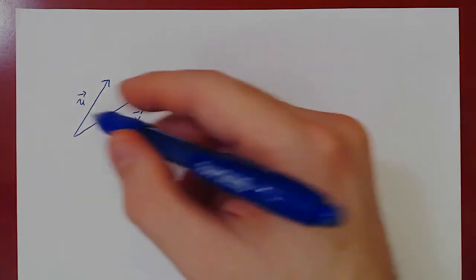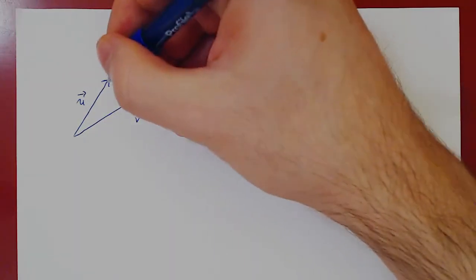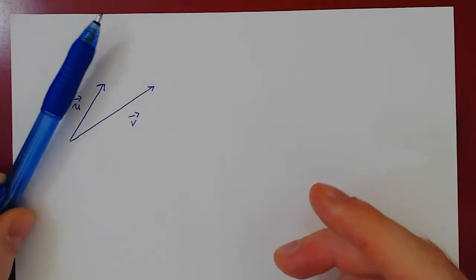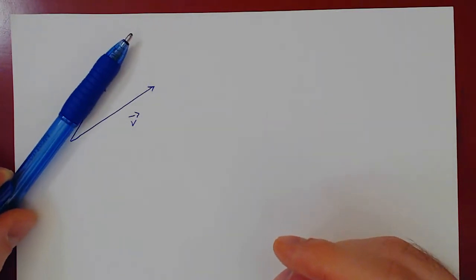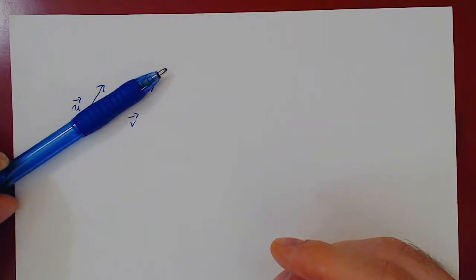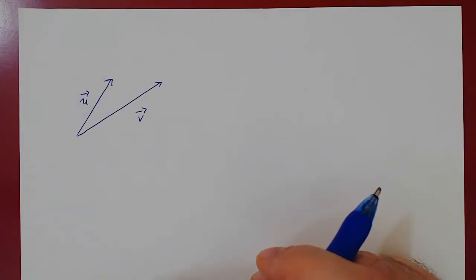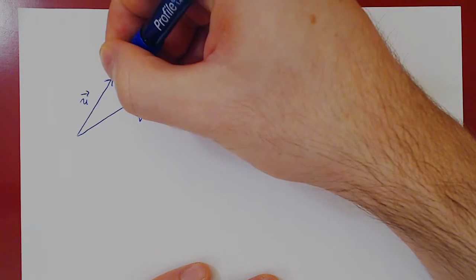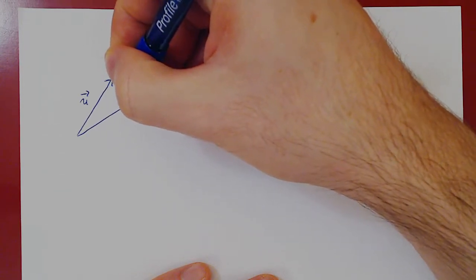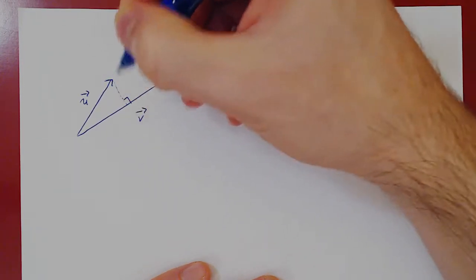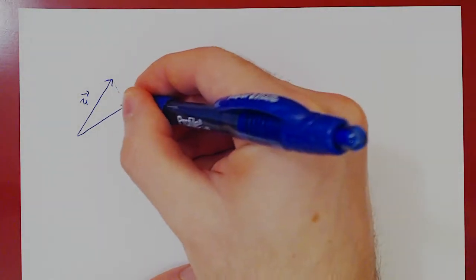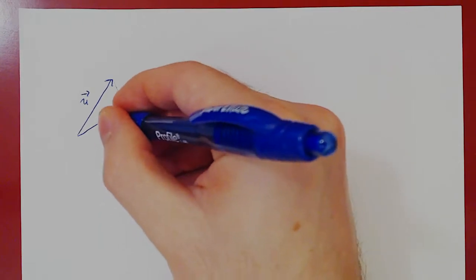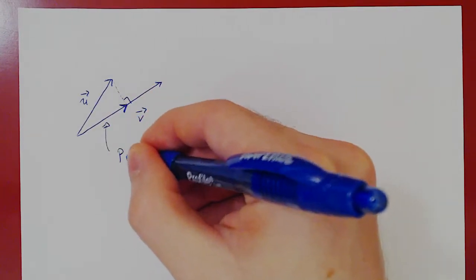If you project vector u onto vector v, think of again squashing vector u against vector v, but of course you squash vector u in a perpendicular fashion. So you connect the endpoint of u onto vector v in a perpendicular fashion, and the vector you get is the projection of u onto v.